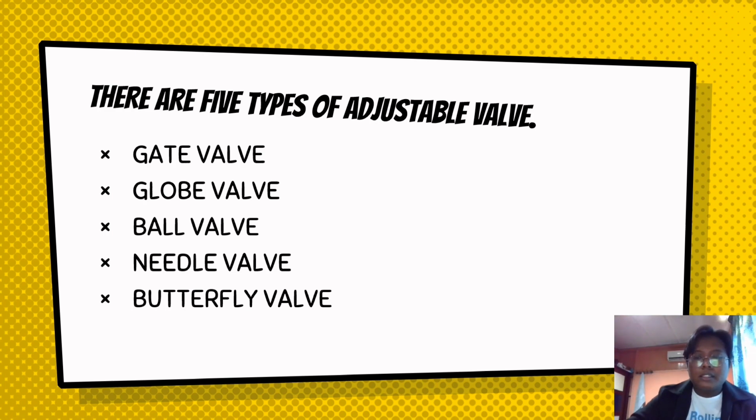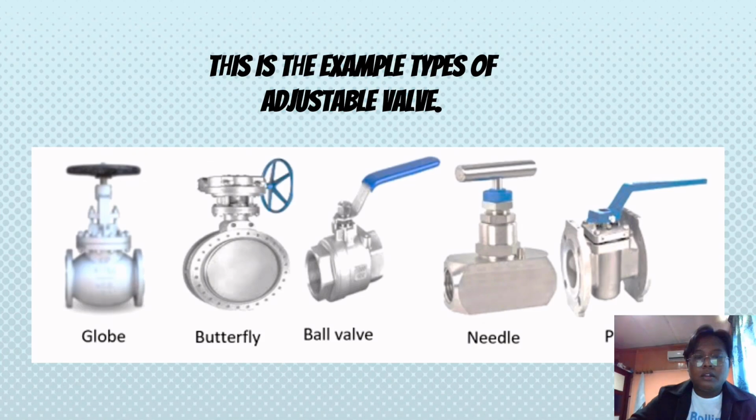As you can see here, this is a diagram of examples of the types of adjustable valve. The first one is the globe, the second is the butterfly, the third is the ball, the fourth is the needle, and the last is the design of a plug valve.